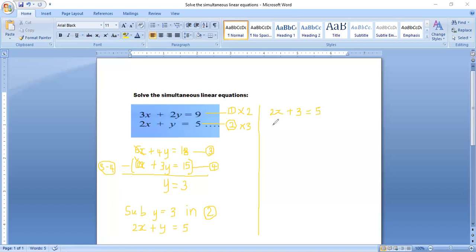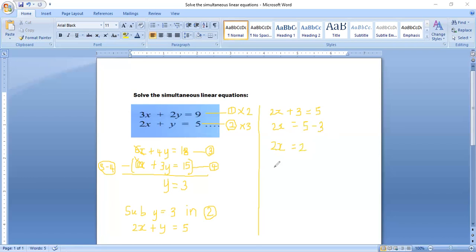Now, 3 is being added to the left-hand side. So when we remove it, we're going to do the reverse and subtract it on the right-hand side. Or you could simply say, I'm moving this positive 3 to the right-hand side. It will become negative. So now 2x is equal to 5 minus 3 is 2.